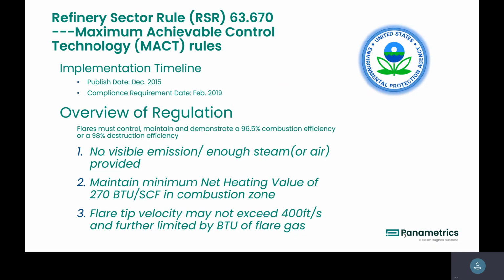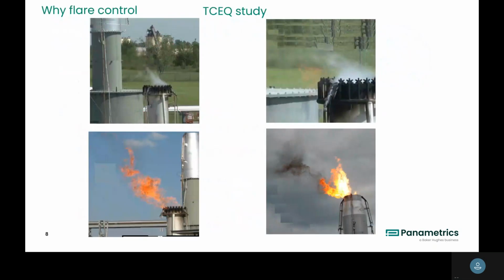All these requirements can be met with the Flare.IQ control. The reason for that is pretty obvious. For example, if you don't have enough gas or enough steam or air, then you might see black smoke, which is basically a no-no for flare operation.